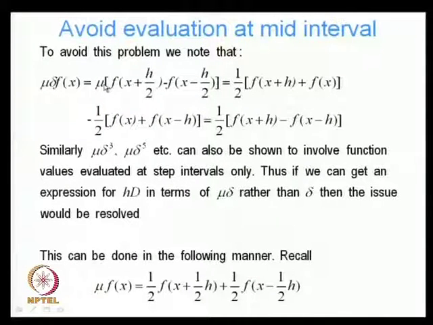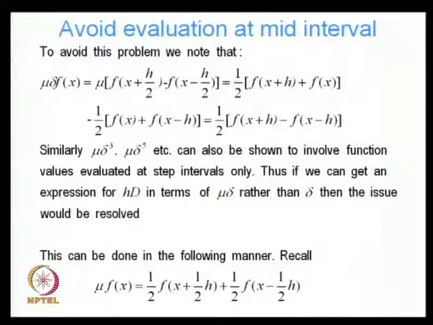On top of that, if we apply mu, then mu of f of x plus h by 2 is equal to half of f of x plus h plus f of x, and mu operating on f of x minus h by 2 is half of f of x plus f of x minus h, right. It is the average difference operator.